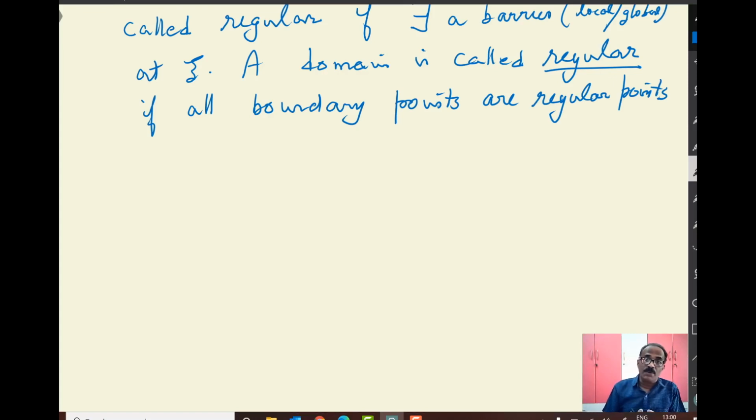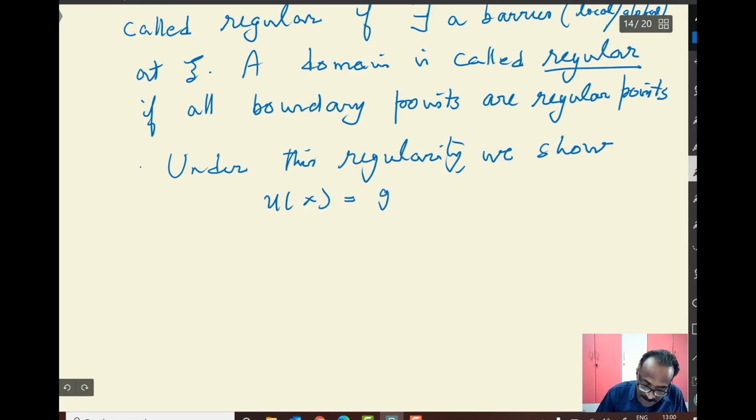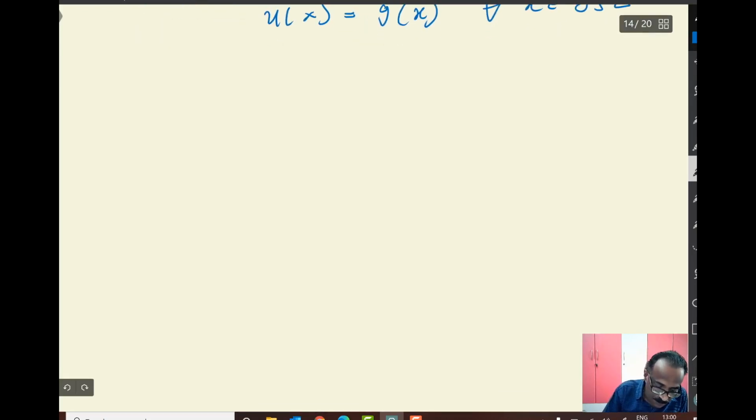So under this regularity, we show u(x) equal to g(x), the u(x) defined earlier in the last class, for all x on the boundary. Okay, so let me write it as a theorem and then start proving it.